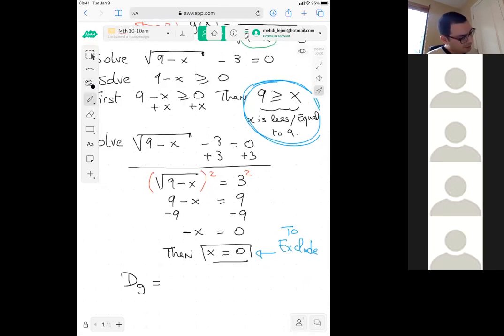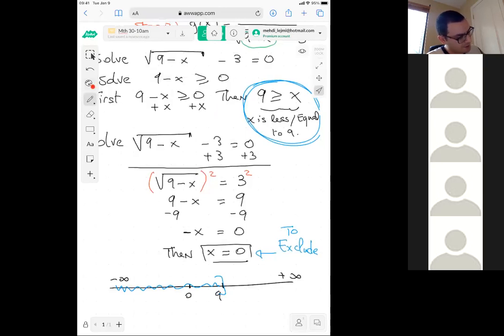You can draw a number line if you want. So let me do it here, number line. So here's my number line. So let's say here's 9, here's 0. This is negative infinity, positive infinity. So what I'm saying is x is less than or equal to 9, right? But then we have to exclude x equals 0, right?